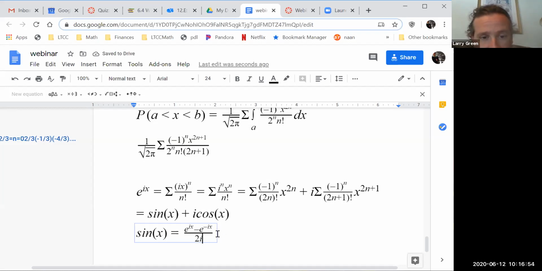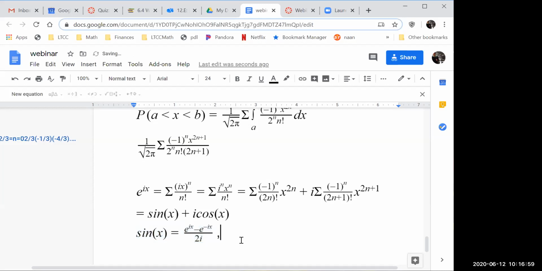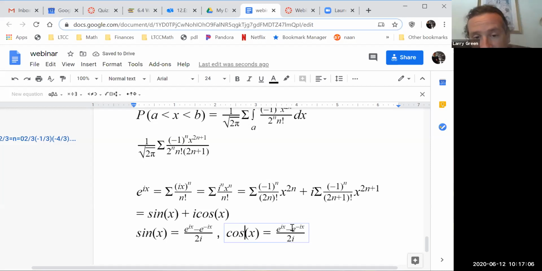And cosine of x is very similar. It's e to the ix plus e to the negative ix, all over 2. These are huge formulas. It means that sine and cosine can be written as exponentials. And then all the formulas are so easy to prove if you look at them in this way.